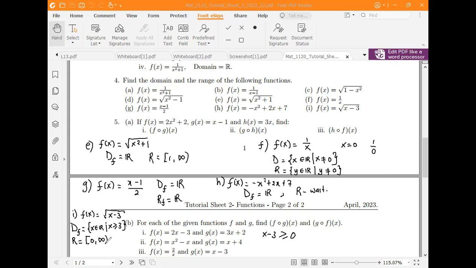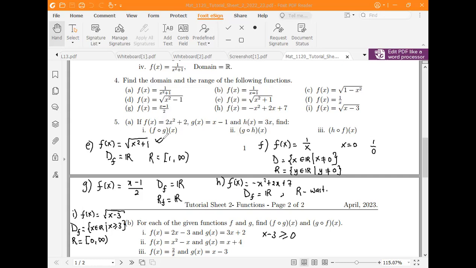Because x could not become anything less than 0, it means that we could have an adjustment for the range.